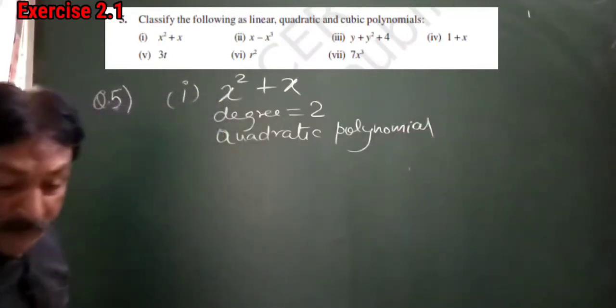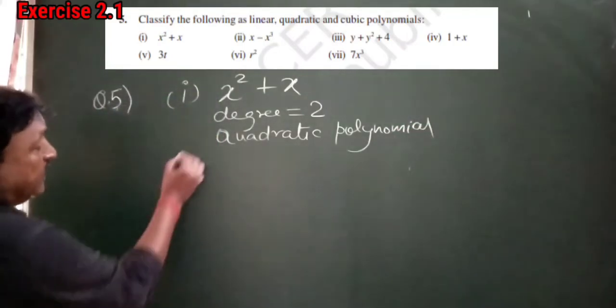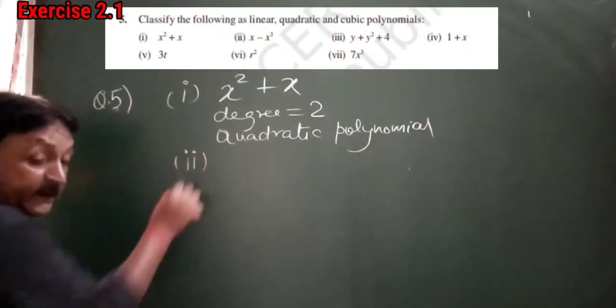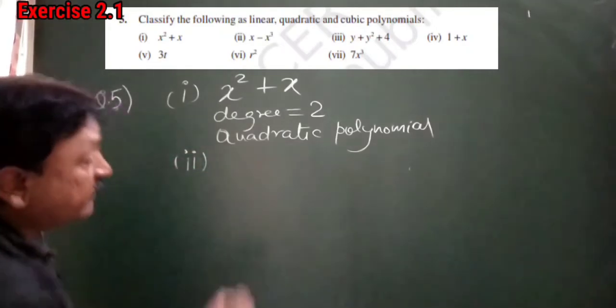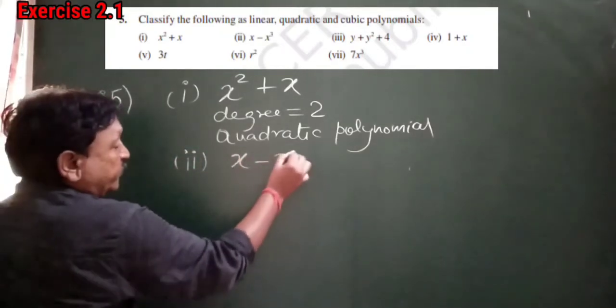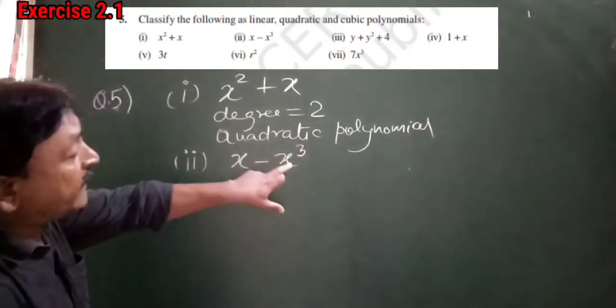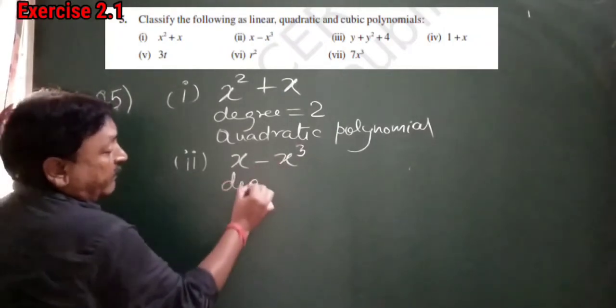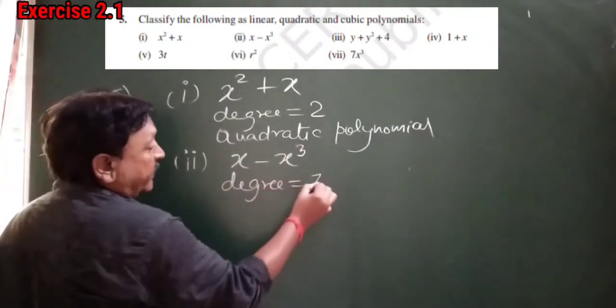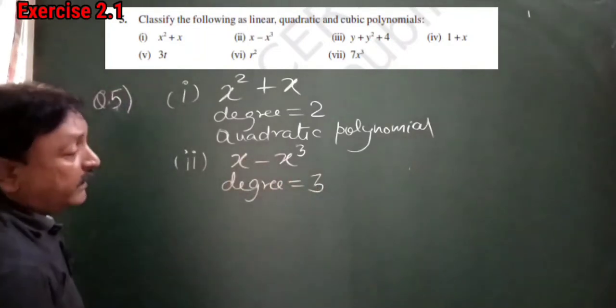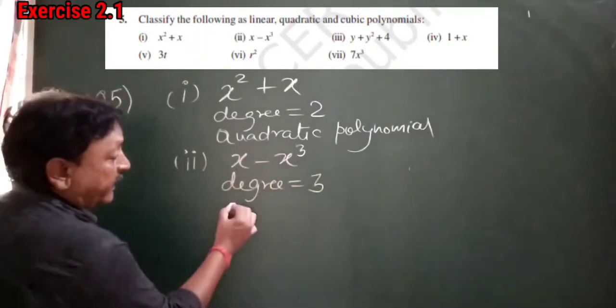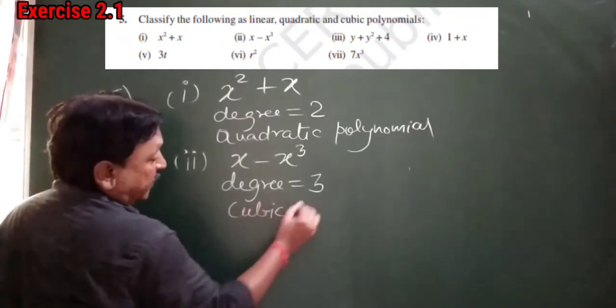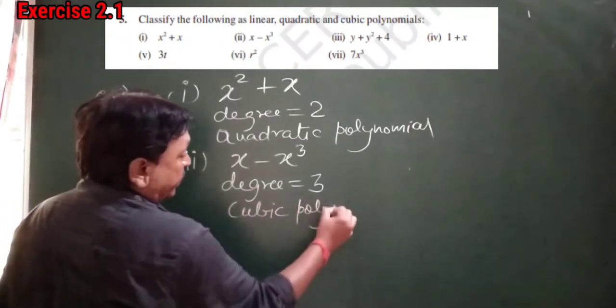Okay, see one more part. Just see question number 5, part 2. It is written x minus x cube. So what is the degree here? The highest power is 3, so the degree is 3. Degree 3 means it is a cubic polynomial.